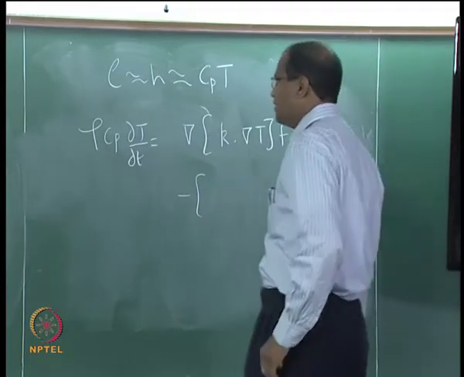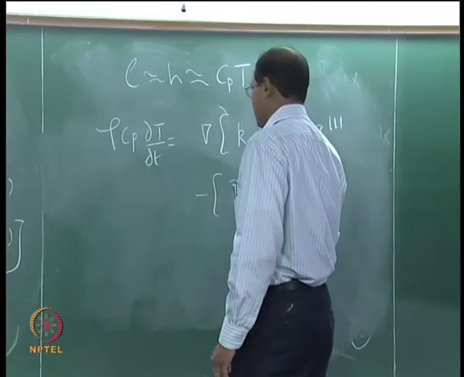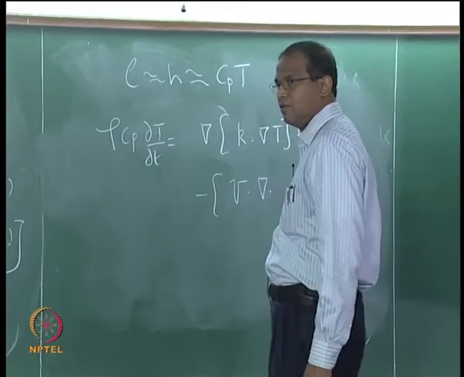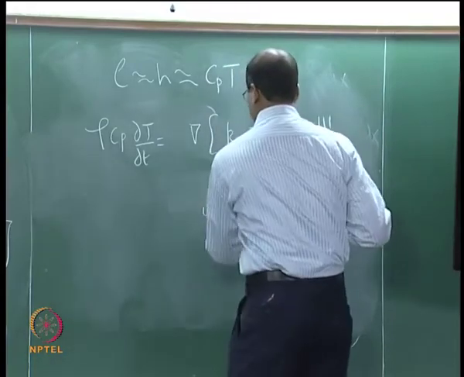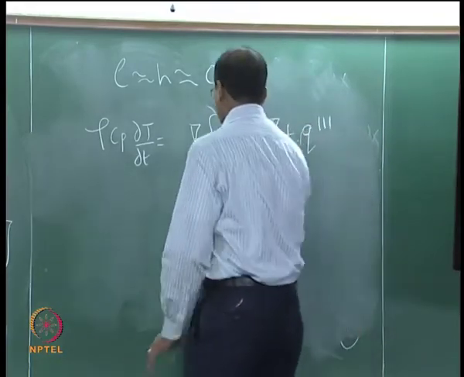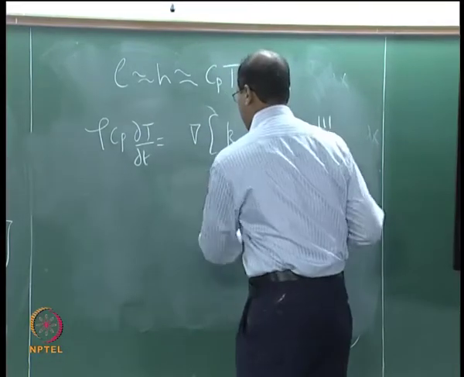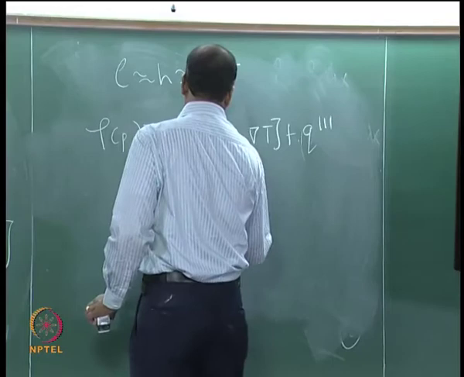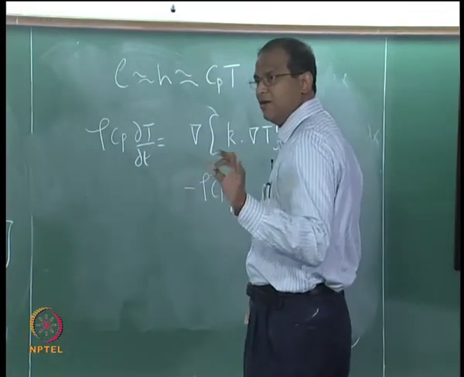Now tell me V dot. First we will remove the rho, it will come out, minus rho Cp will come out, u dou T by dou x plus v dou T by dou y, correct, that is it.